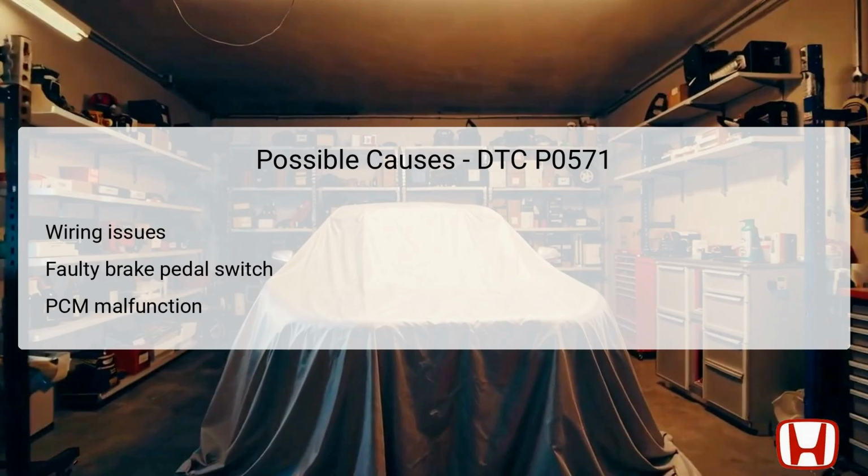Lastly, a malfunction within the PCM could also be responsible. If the PCM fails to interpret valid signals or experiences internal faults, it can mistakenly flag this DTC. Each of these causes should be systematically reviewed during the troubleshooting process to ensure the correct diagnosis and repair.